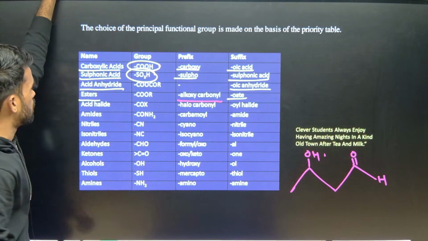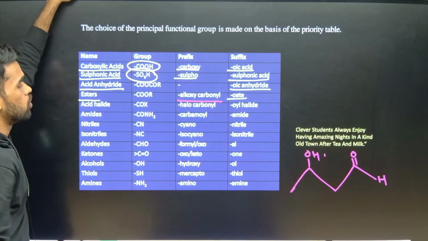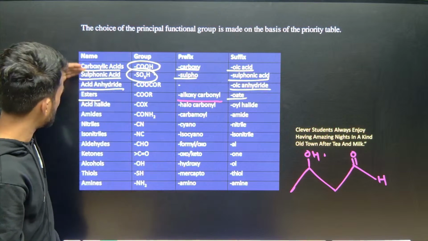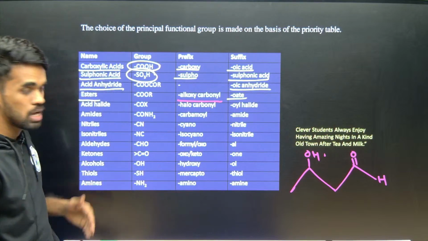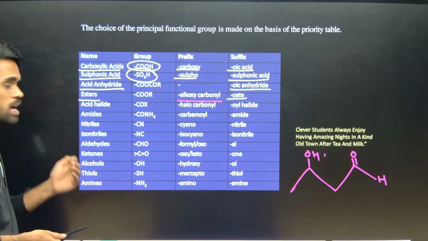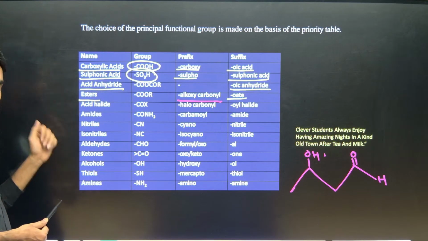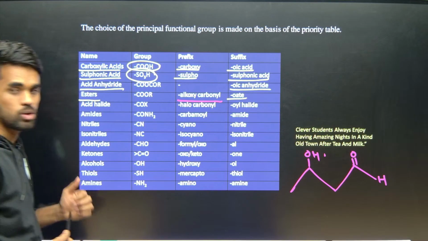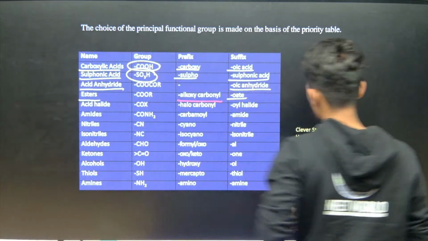These are the functional groups we have. For remembering them, you can directly read them: carboxylic acid, sulfonic acid, next acid anhydride, esters, acid halides, amides, nitriles, isonitriles, next aldehydes, ketones, alcohols, thiols.